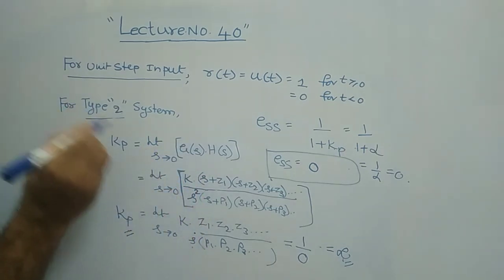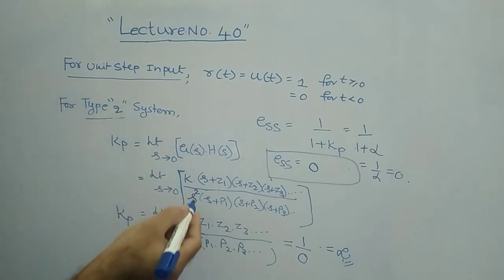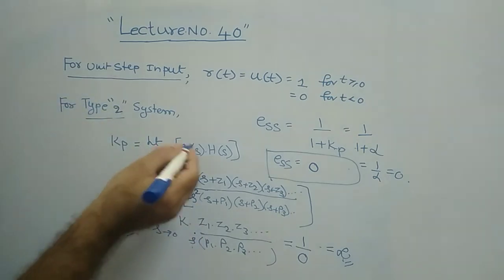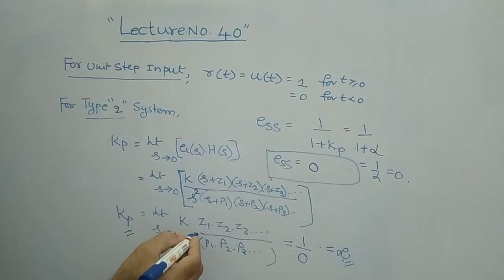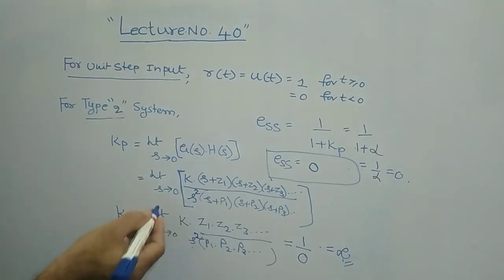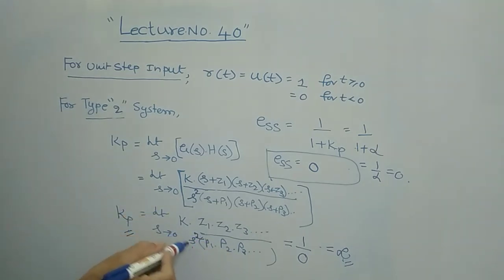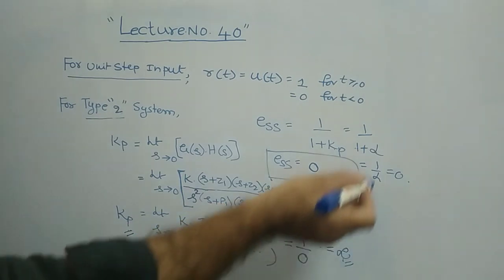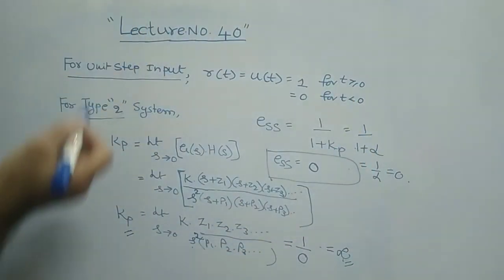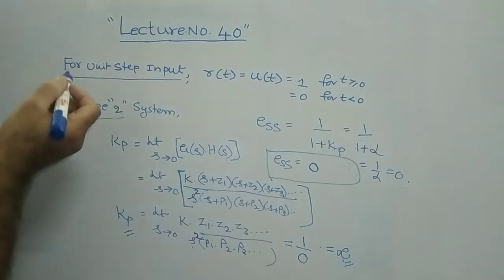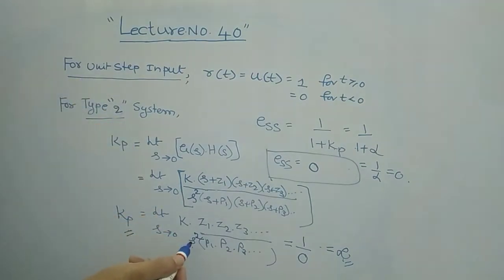Everything else is the same, only s square will come here. Again same story. If you apply the limit here, again it is 0 into everything same, infinite, so the steady state error is 0. And even if you write type 3, the same answer will come.